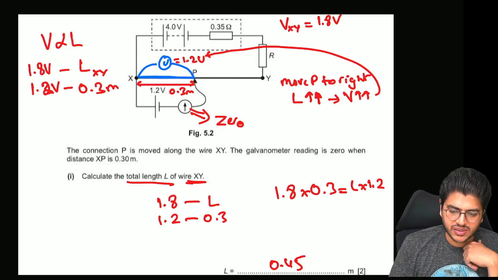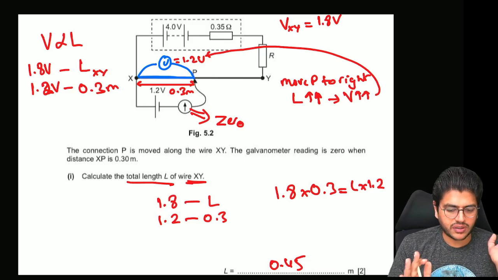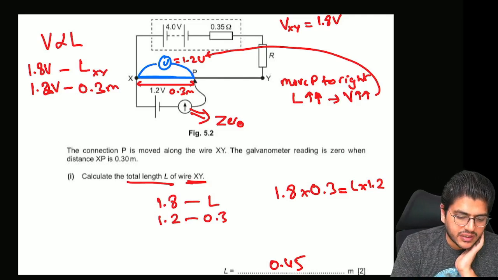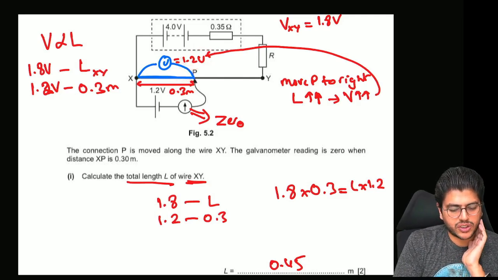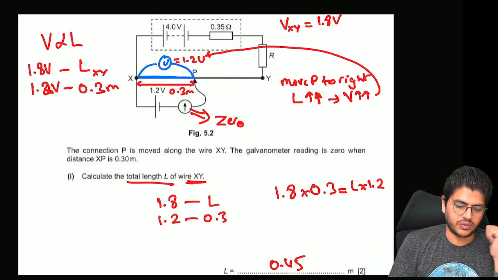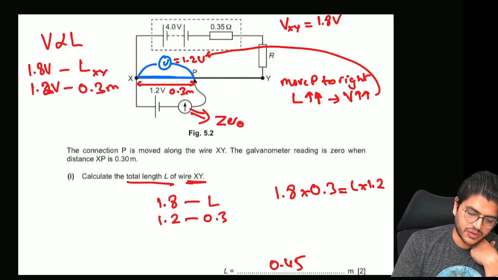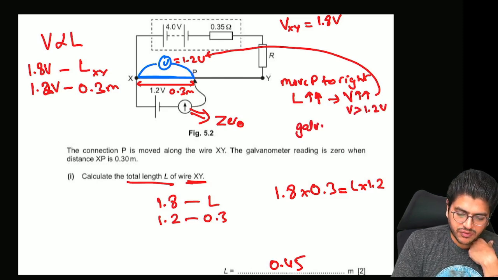This 1.2 is fixed. So if you move P to the right or to the left, the voltmeter reading will not be 1.2. If you move this to this side, the voltage will be less than 1.2. If you move it to this side, it will be more than 1.2. I can write it down. The voltmeter reading will be greater than 1.2 volts, and the galvanometer deflection will not be 0.